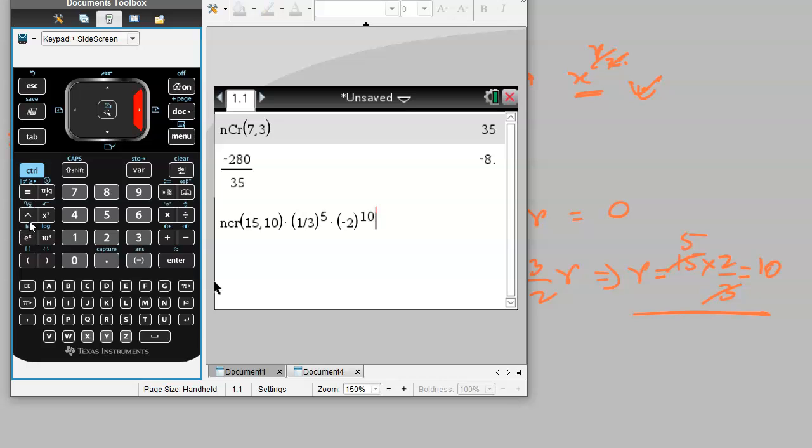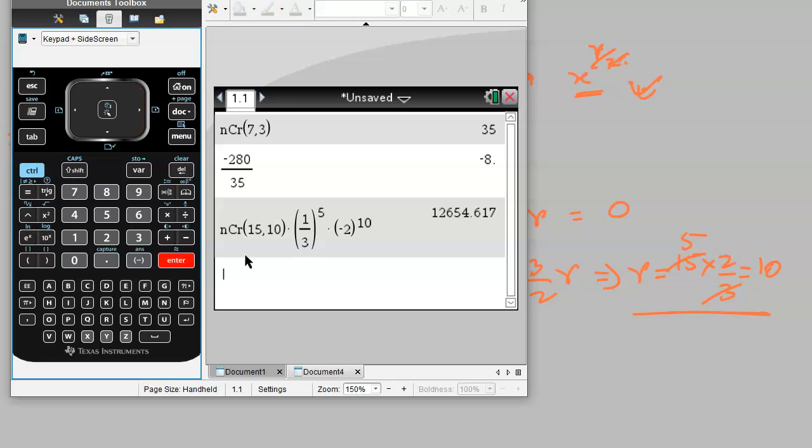What is this equal to? 12654.617. Okay. So let us take up to 1 decimal place as our answer: 12,654.6.